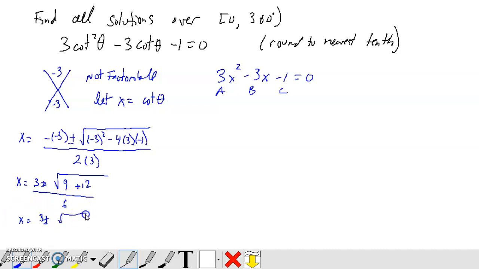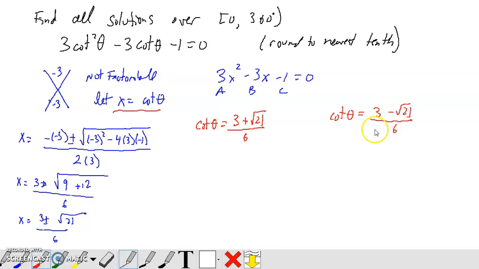So 3 plus or minus root 21 over 6. But we're not solving for x, right? We wrote a let statement right here. We said let x equal the cotangent. So what I need to do is replace it. So I'm going to say the cotangent of theta is equal to 3 plus root 21 over 6, and I'm going to break it up into two problems at this point. And the cotangent of theta is 3 minus root 21 over 6.